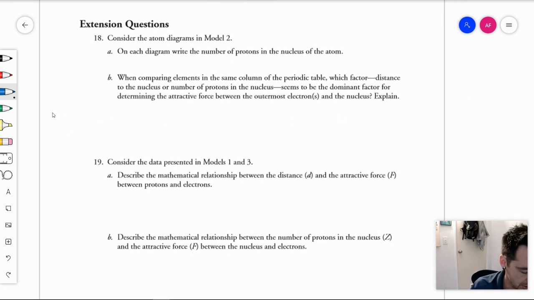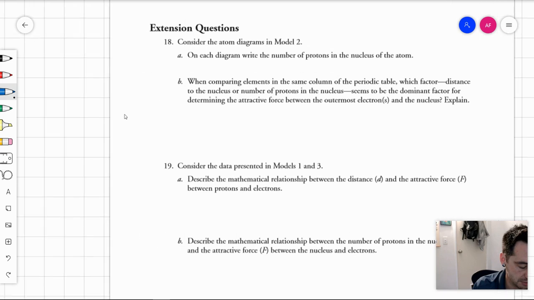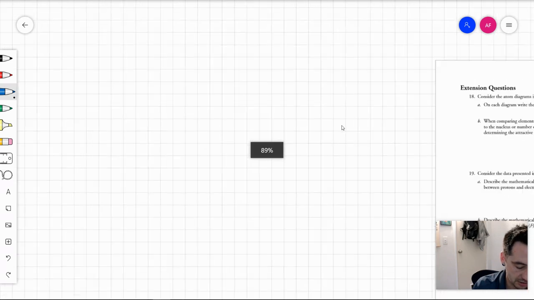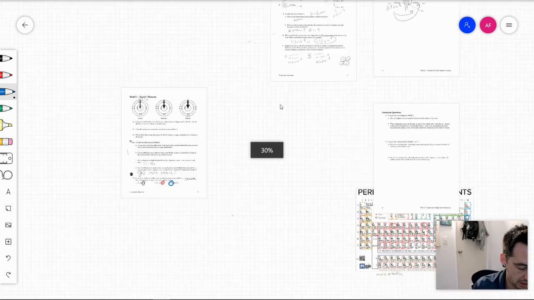What we're going to be looking at is number 1, the number of protons in each atom, and then comparing the elements in the same column: which factor, distance to the nucleus or number of protons, seems to be the dominant factor, and explain. So let's go back and look at model 2 again.